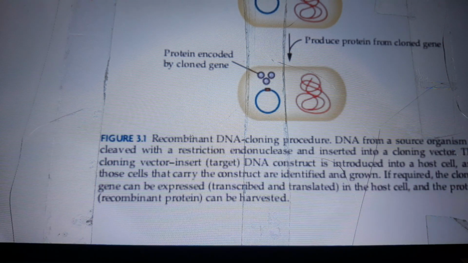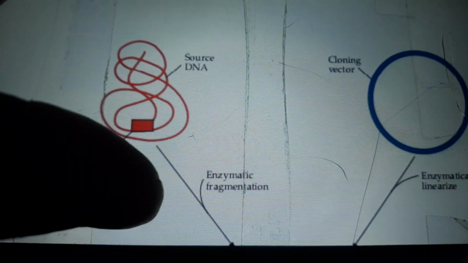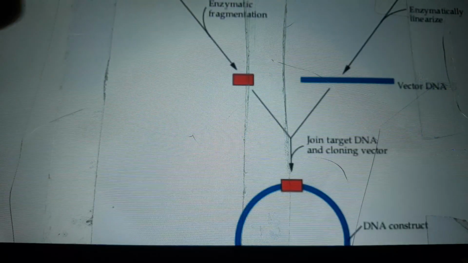The cloning vector-insert target DNA construct is introduced into a host cell, and those cells that carry the construct are identified and grown. If required, the cloned gene can be expressed, transcribed and translated, in the host cell, and the recombinant protein can be harvested. So this is the picture of that. Take a screenshot for your reference and make notes, right?